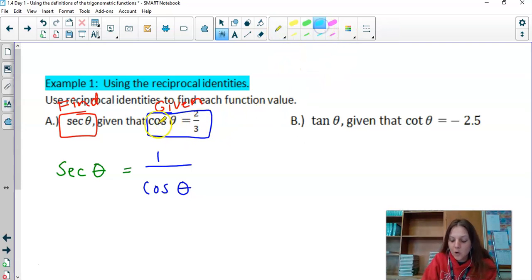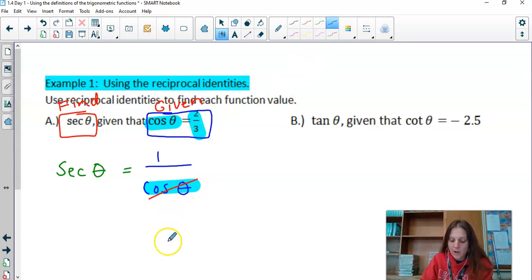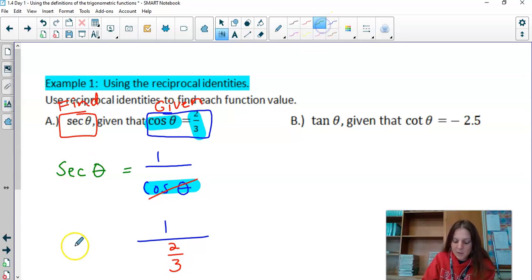You can see that the cosine of theta is 2/3. So I'm going to take out this cosine of theta and replace it with its value, 2/3. I'm going to rewrite it down below: 1 over, instead of cosine theta, I'm going to fill in 2/3. And again, this is going to end up being my secant.